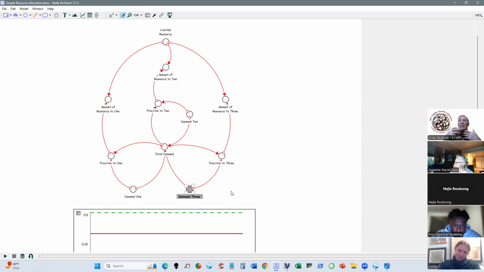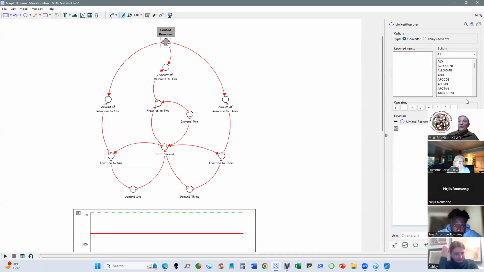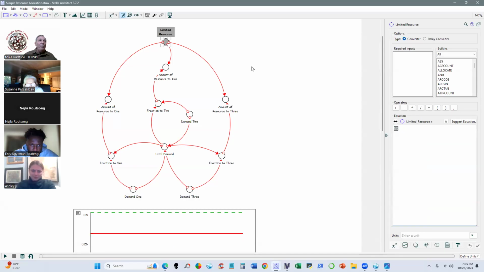So there are 3 things that want the scarce resource: people, time, money. Okay. And it has to be allocated among the 3, the limited resource. So here we have 50 units. It's 50 people, $50, 50 minutes, or whatever the case may be.